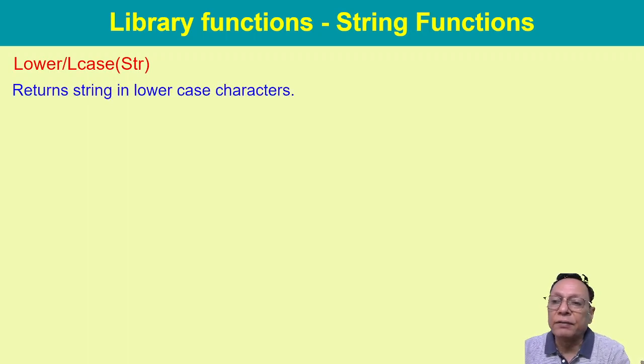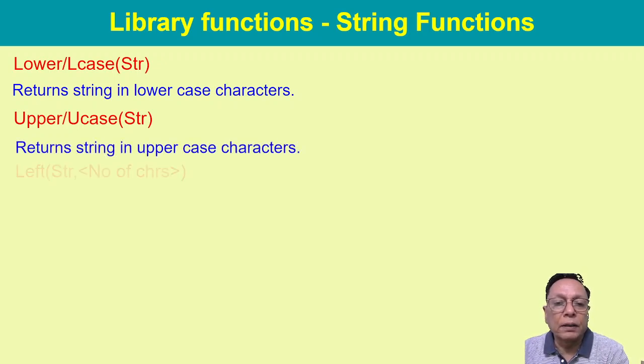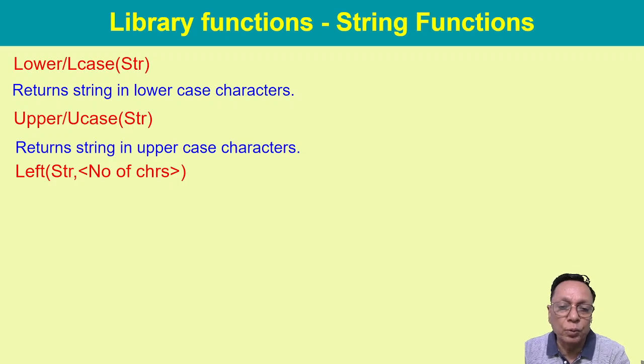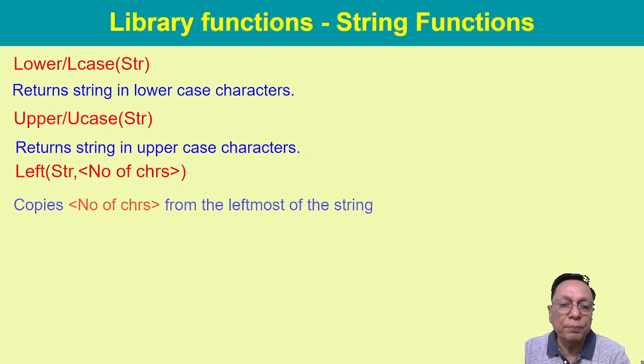Likewise, there is another function, ucase or upper. This converts the lowercase string into an uppercase string. Then left, str comma number of characters. If you want to copy a number of characters from the leftmost of the string, you can use the left library function.